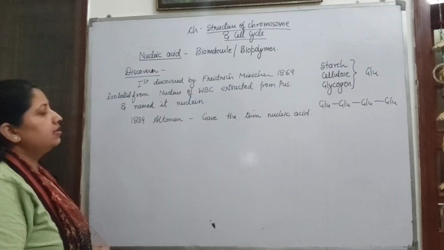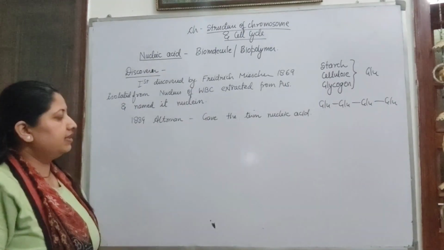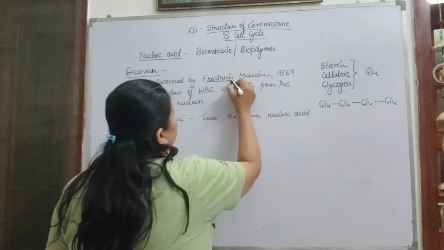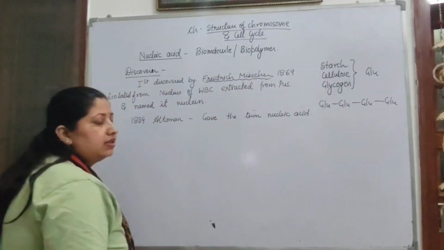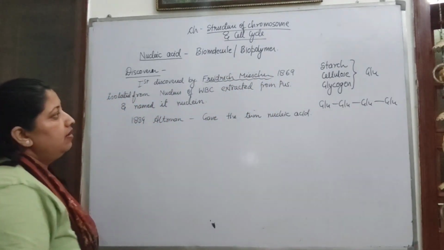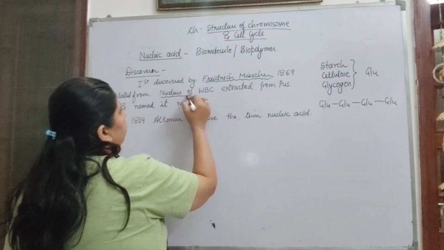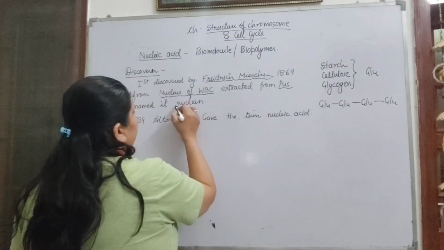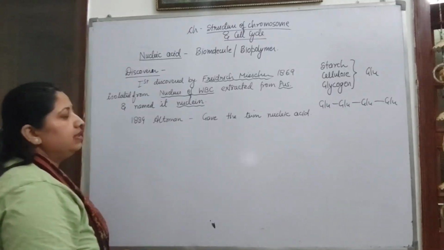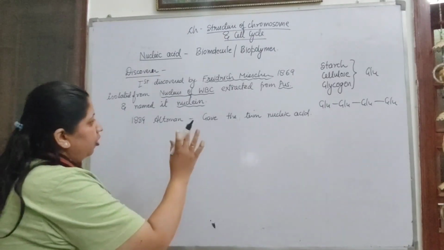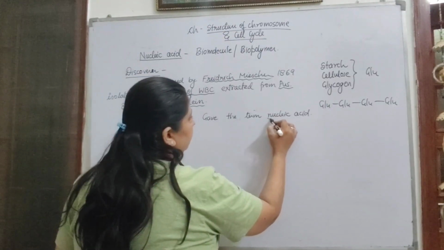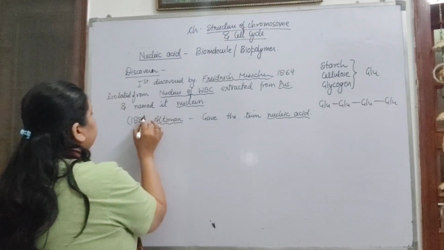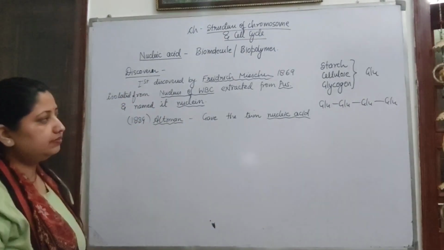So this is the discoverer and who has given the name. Friedrich Miescher first saw this molecule in the nucleus of WBC extracted from pus and named it nuclein. Later on, the proper term nucleic acid was given by Altman in 1889.